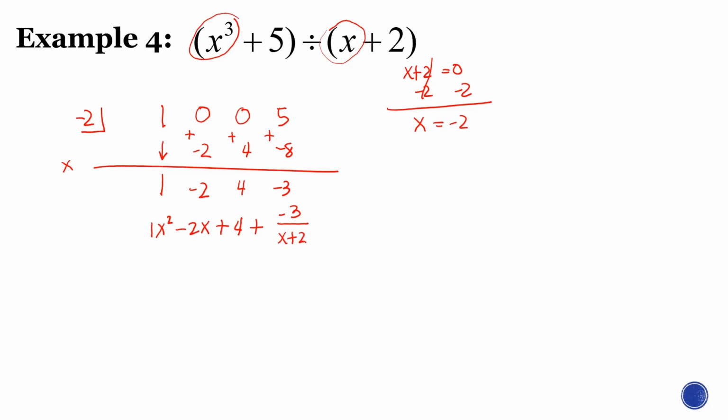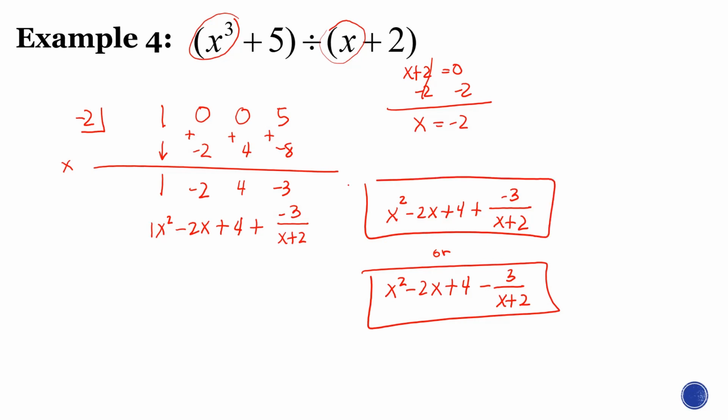Again, we don't normally write the 1 beside x squared, so we can write that as x squared minus 2x plus 4 plus negative 3 over x plus 2, or x squared minus 2x plus 4 minus 3 over x plus 2.